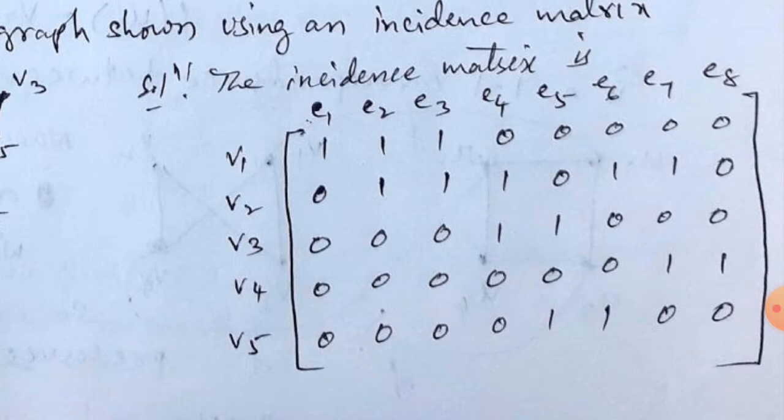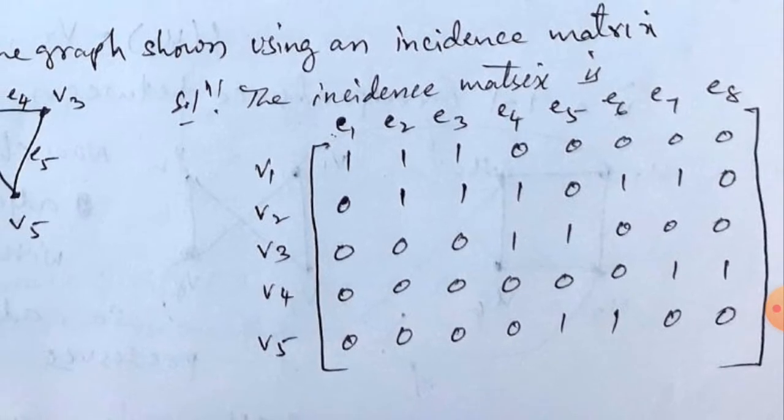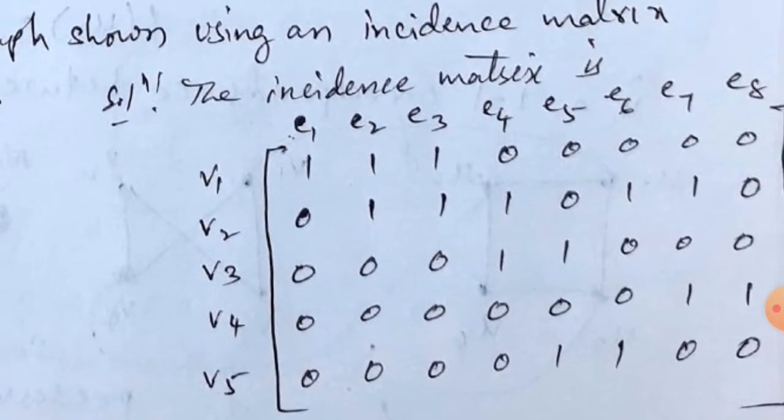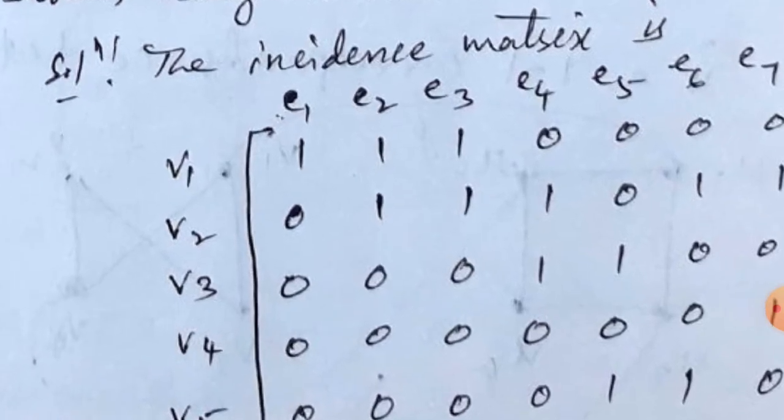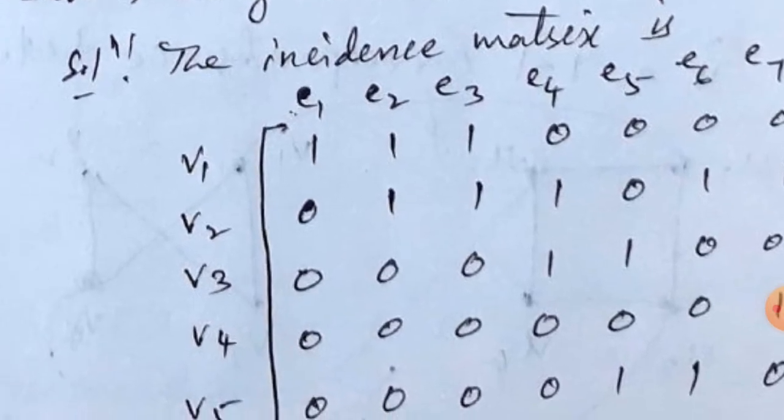We have to assume the vertices and edges, whatever the label you can give, E1 to E8 or U1 to U8, whatever. Similarly, V1 to V5 you can give, or you can label A, B, C, D, E like that also with small letters. Now observe, V1 E1 entry is 1 here. That means edge E1 is incident on V1.